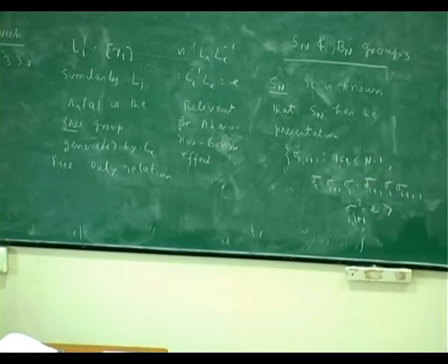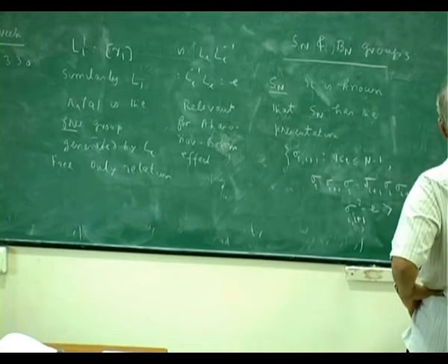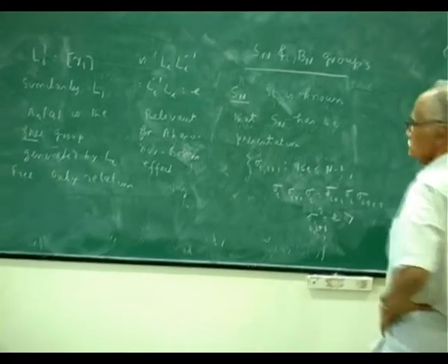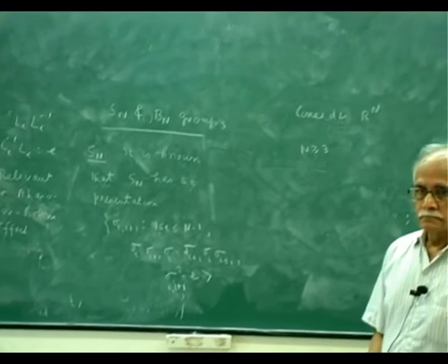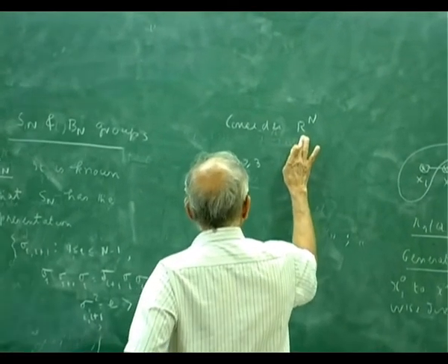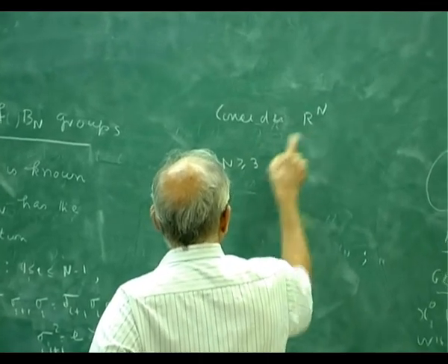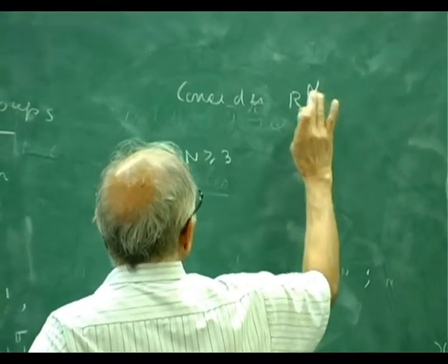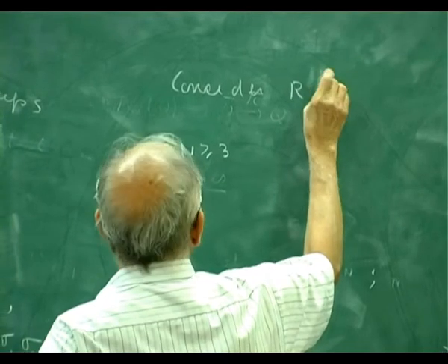So consider Rn. Let me consider n larger than or equal to 3. Now I will consider, let's say not call it Rn, Rm.